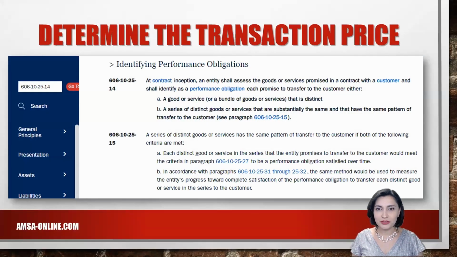At contract inception, an entity shall assess the goods or services promised in a contract with a customer and shall identify as a performance obligation each promise to transfer to the customer one of the following: A, a good or service or a bundle of goods or services that is distinct, and B, a series of distinct goods or services that are substantially the same and that have the same pattern of transfer to the customer.